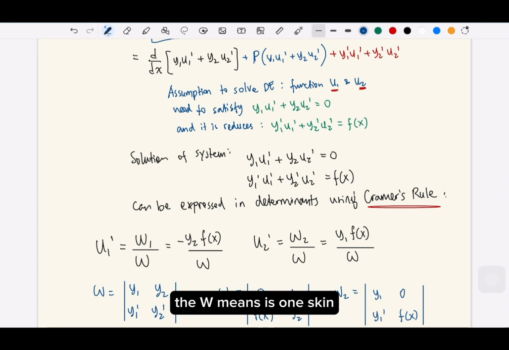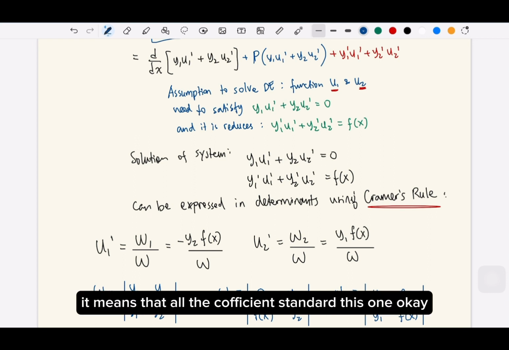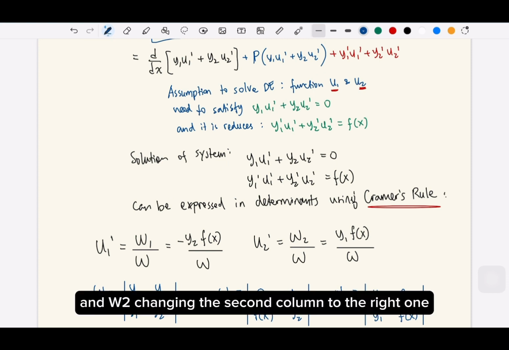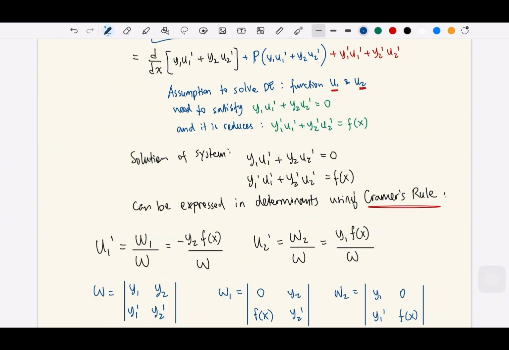The W means the Wronskian. W1 means the Wronskian, but with the first column changed to the right side of the equation. W2 means you change the second column to the right side. So start from the original one with all the coefficients, then W1 changes the first column, and W2 changes the second column.